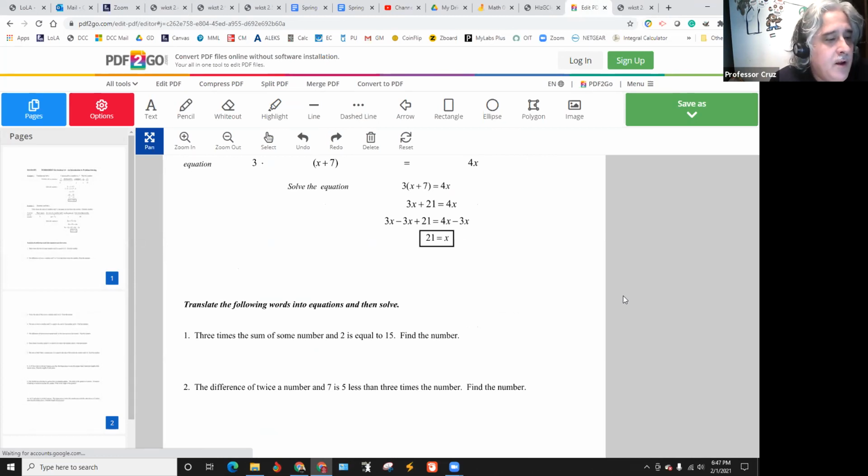When you get one set up, let me know. You don't have to necessarily solve it yet, but make sure you have it set up right. 3 times the sum of some number and 2 is 15.